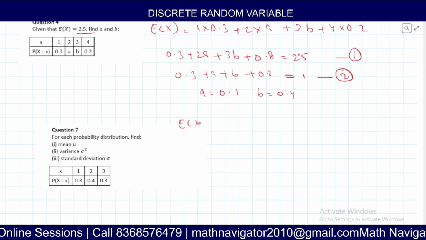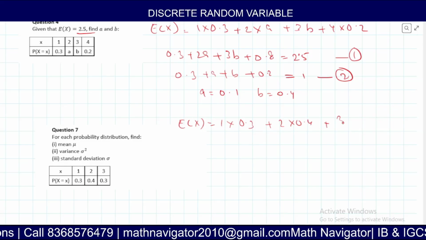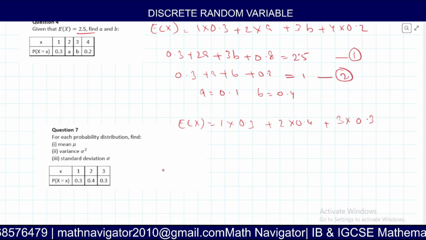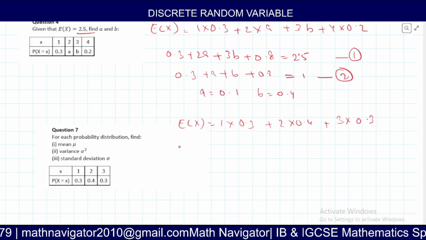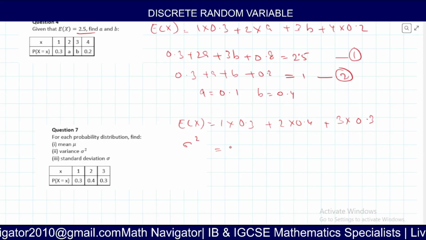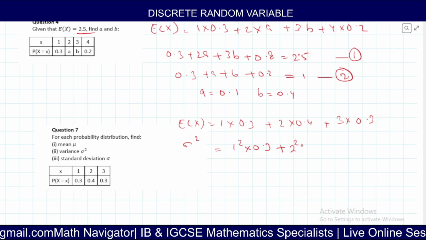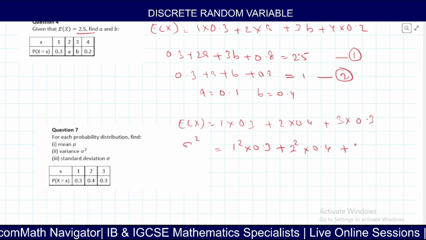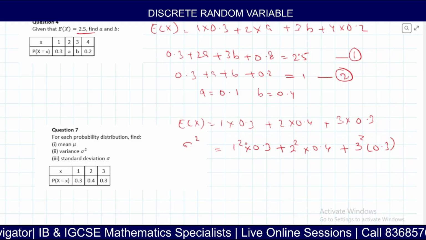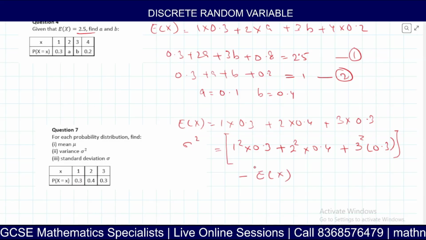So expectation of X is equal to 1 times 0.3 plus 2 times 0.4 plus 3 times 0.3. Then I have sigma squared or variance of X is equal to 1 squared times 0.3 plus 2 squared times 0.4 plus 3 squared times 0.3 and then negative of EX whole square.